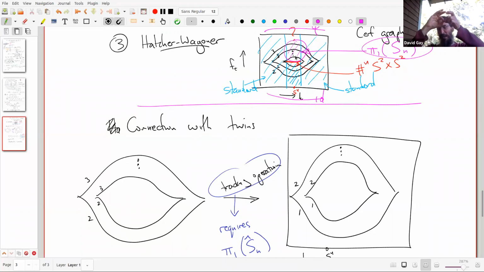I'm not saying you can always move this off. I'm just saying there may be interesting loops where the belt sphere for the two-handle stays fixed, and the attaching sphere for the three-handle starts moving around. And if it remains geometrically transverse to the belt sphere for the two-handle, then it will cancel for all time, and you could clean up the surf graphic and make all the critical points go away.